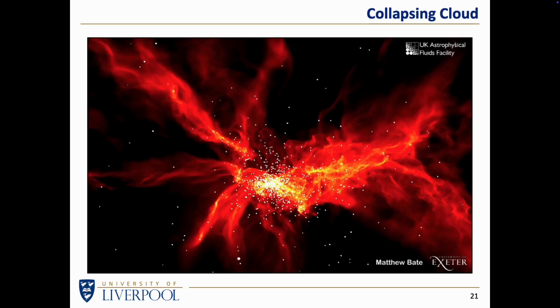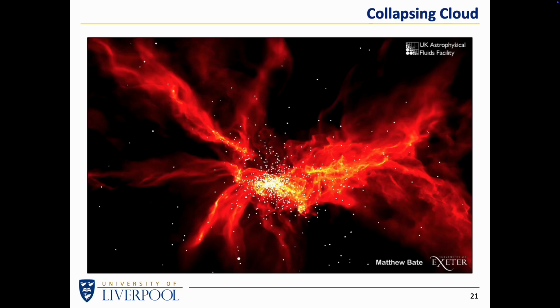Does that bear any resemblance to what we think is actually out there? If we compare this picture, we can't always see where the hydrogen is if it's very faint and not being illuminated by stars. But if we look at the distribution of the stars generated in the cluster, lots of them very close to the core and a few a little bit further away, close to interstellar space.